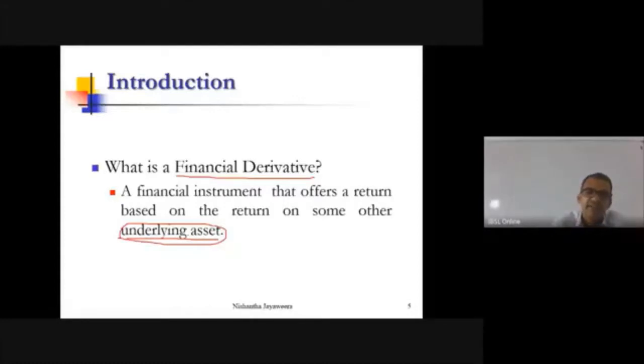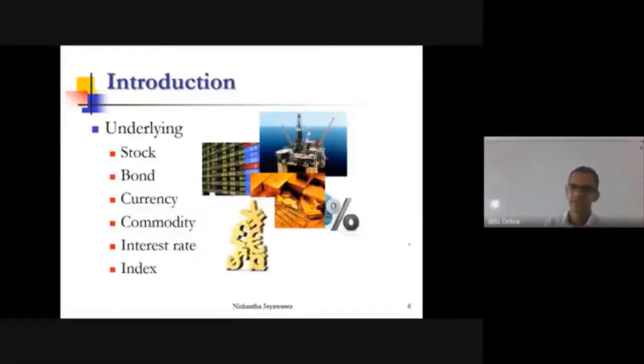So the underlying assets may vary depending on the product. However, here we are going to basically discuss these underlying assets: individual shares, bonds, currency, that means foreign exchange, commodities like gold and oil, interest rates, and indexes. What are the indexes? There can be a bond index or share index, like in Sri Lanka, the All Share Price Index, or the S&P SL20 index.